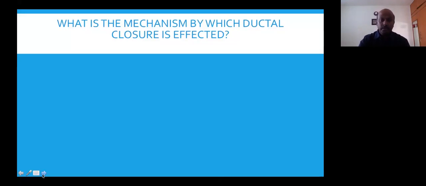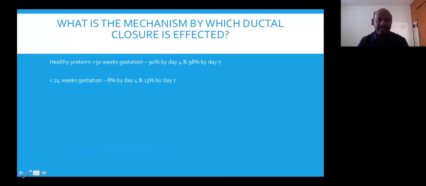And so if we look at some of the data, in a healthy preterm who is more than 30 weeks gestation, 90% of ductal closure is effected by day 4 and 98% by day 7. If the baby is less than 24 weeks gestation, then there is a significant drop in ductal closure.